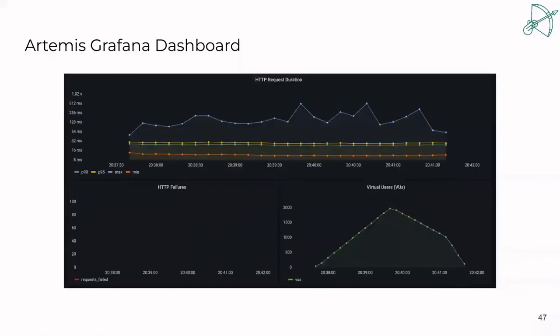On this slide, we are focusing on the last 3 panels shown by our dashboard: HTTP request duration, HTTP failures, and virtual users. The top panel, HTTP request duration, displays how long it takes to perform the entire request response cycle.